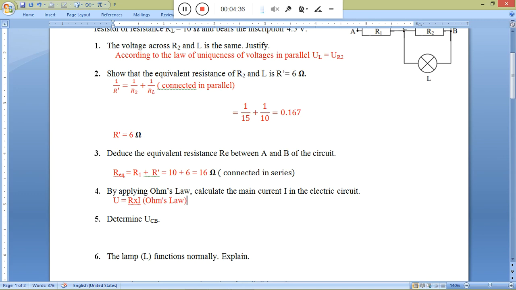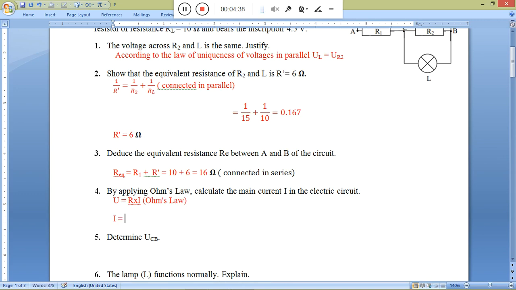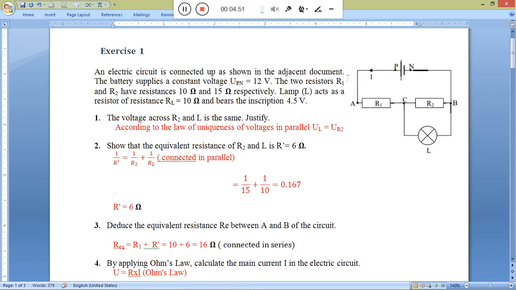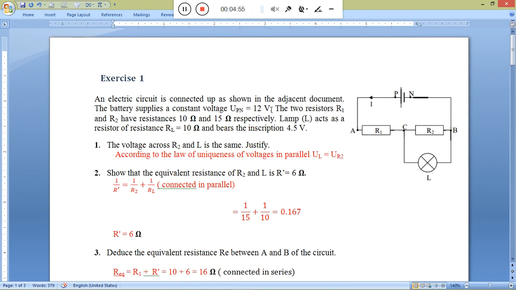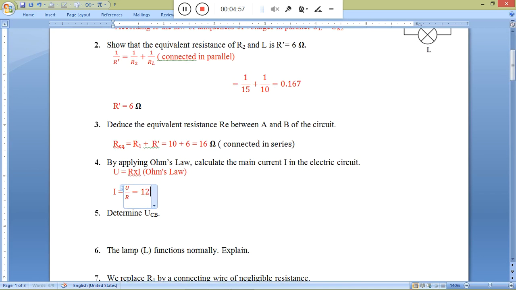Substituting to calculate the current, we say that I equals U over R, which is equal to the voltage of the total circuit, UPN, the voltage of the generator, given as 12 volts. And the resistance, actually it's the equivalent resistance, so instead of R we should write R equivalent.